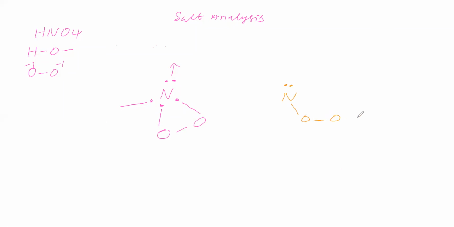Here the bond is with hydrogen. So in HNO4, nitrogen is the central atom, and one peroxy linkage is there. Peroxy linkage means O single bond O, which we have given like this.